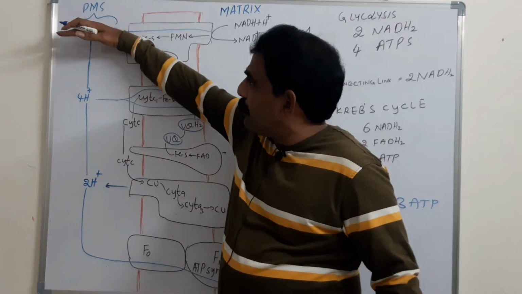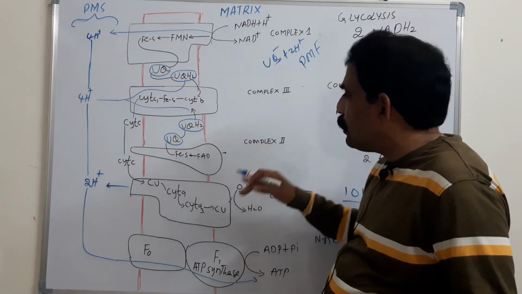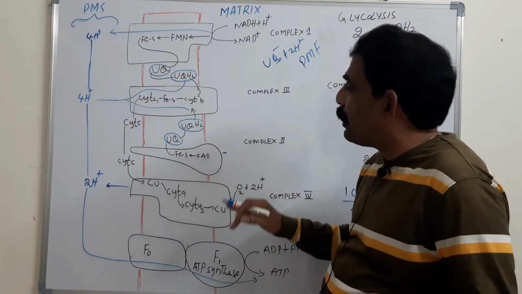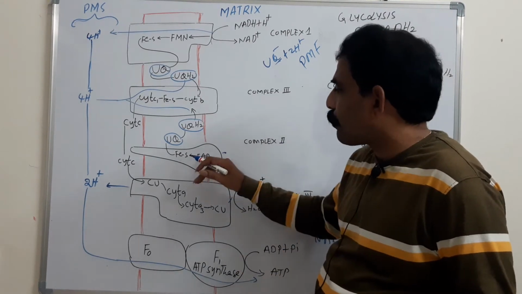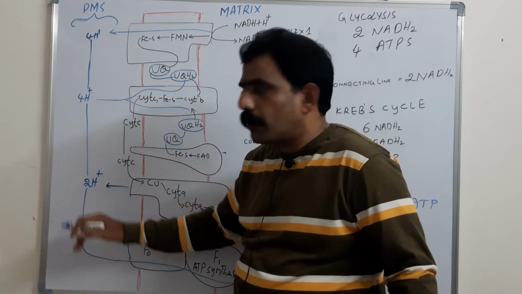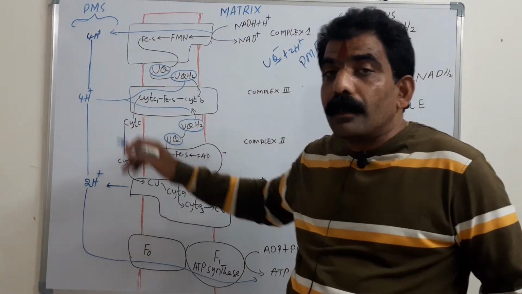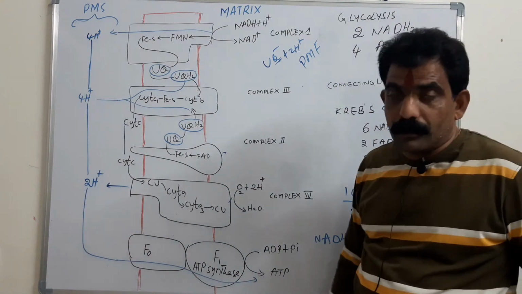So these 4 we miss and the remaining is as usual. So, during the oxidation of one FADH2, only these 4 protons and these 2 protons are pumped out. Only 6 protons are pumped out into the perimitochondrial space from the mitochondrial matrix.